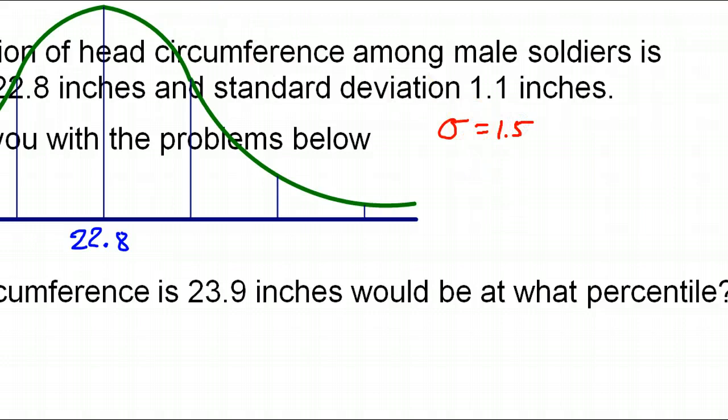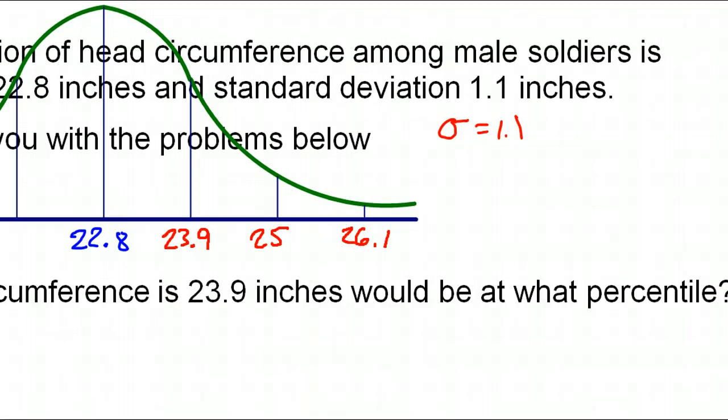Why did I put 1.5? I don't know. Okay, so 22.8 plus 1.1, of course, is 23.9, and then 25, and then 26.1.